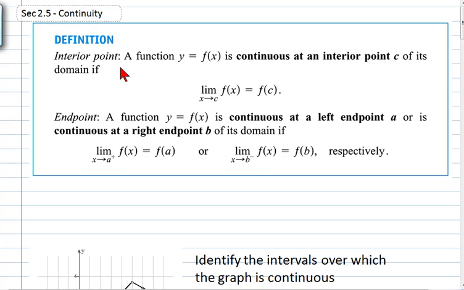So we have two definitions here, an interior point. By the way, continuity is a point-wise definition. I remember that this became a big deal whenever I took my first abstract algebra course and also the introduction to real analysis.